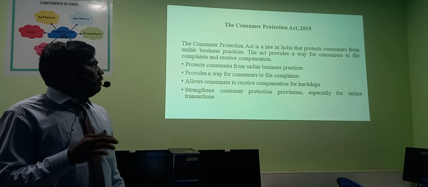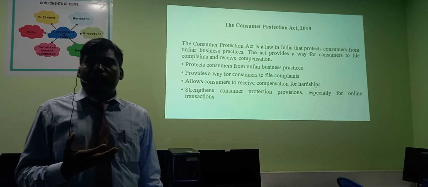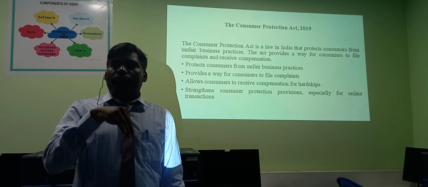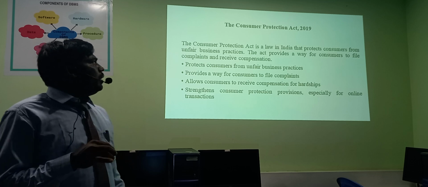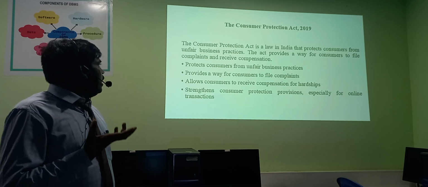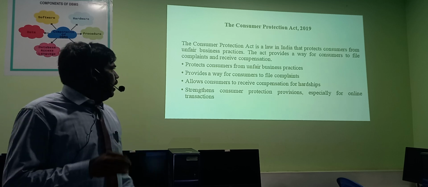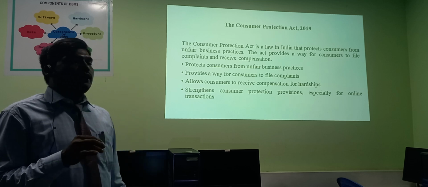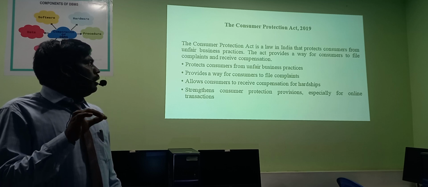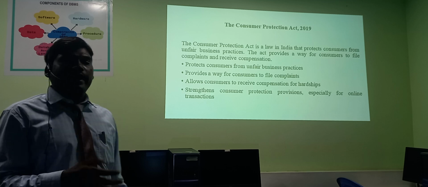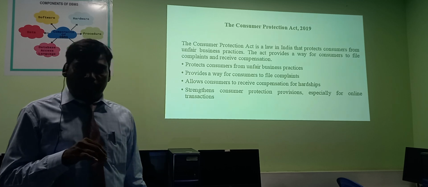The Act provides a way for consumers to file complaints and receive compensation for hardship, and strengthens consumer protection provisions, especially for online transactions.